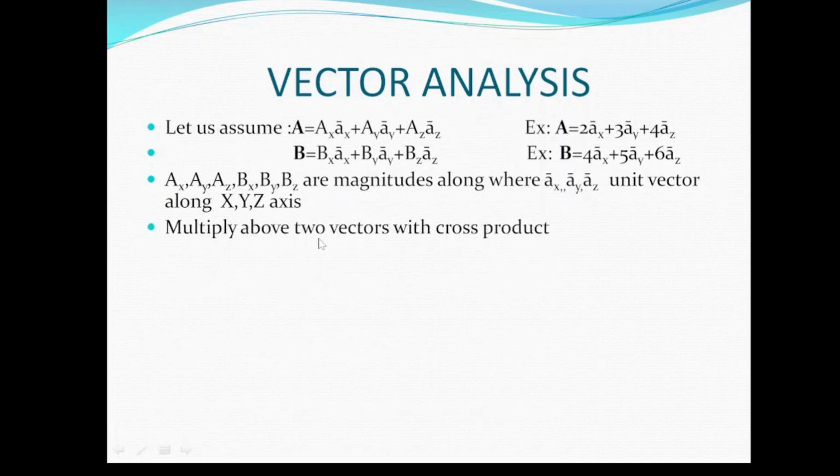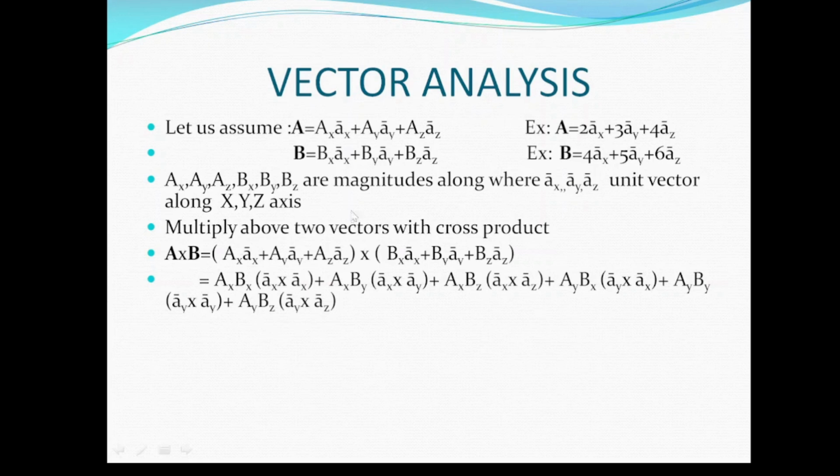So multiply the above two vectors with the cross product. So A cross B, substitute A and B. Here vector A has three terms, and vector B has three terms. So by multiplying these two vectors, we are going to get 9 terms. Multiply the first term into the first term, first term into the second term, and first term into the third term.